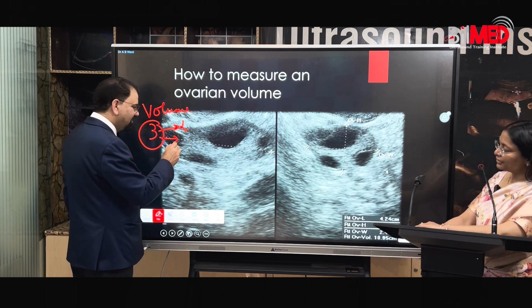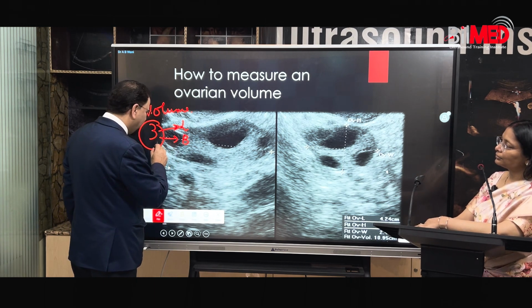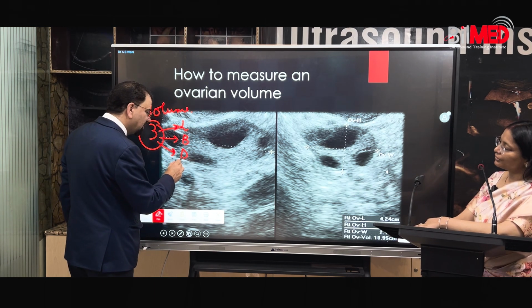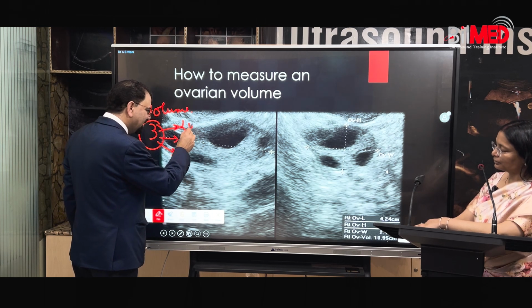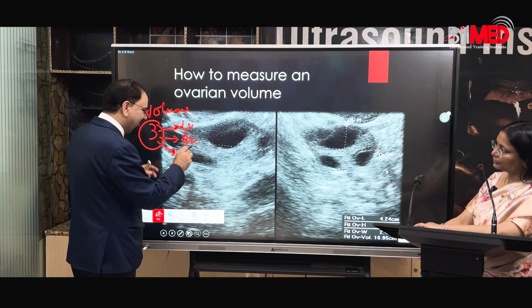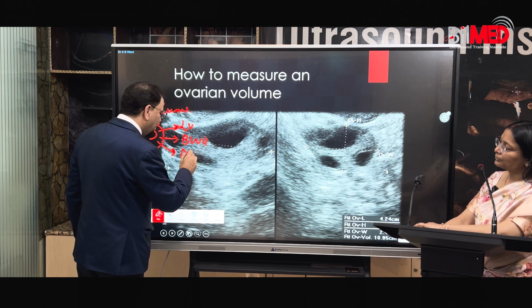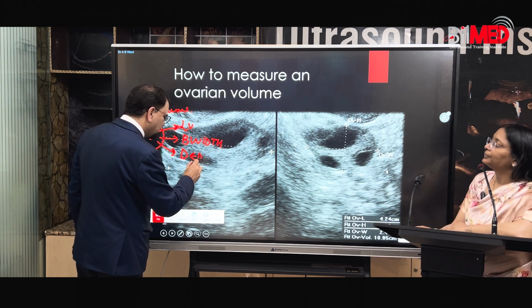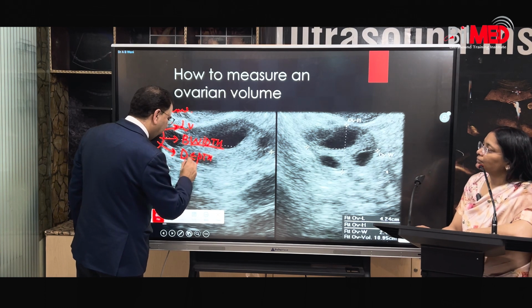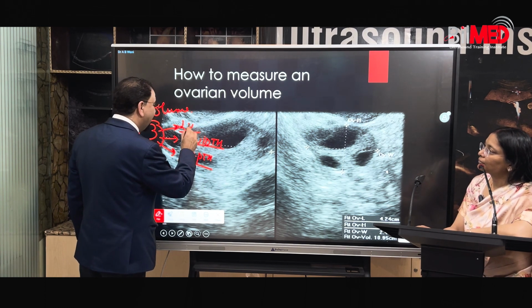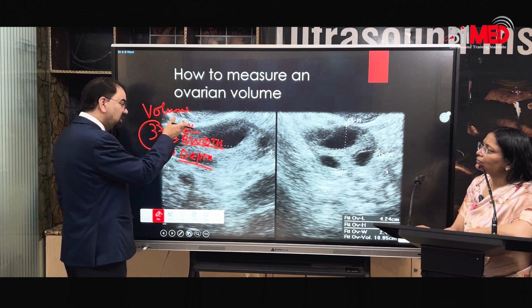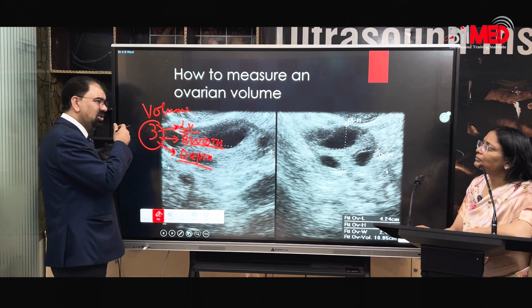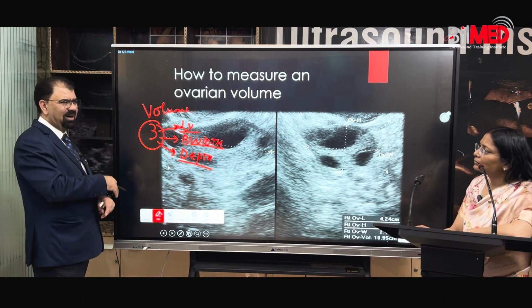Length, breadth and depth. So this is the length, this is the breadth, width I will say, and this is the depth. Width, depth and length.